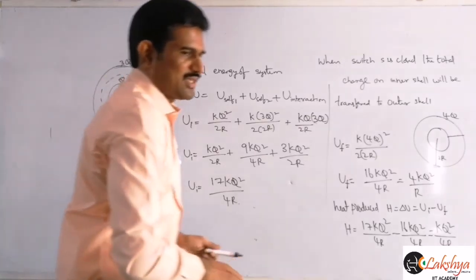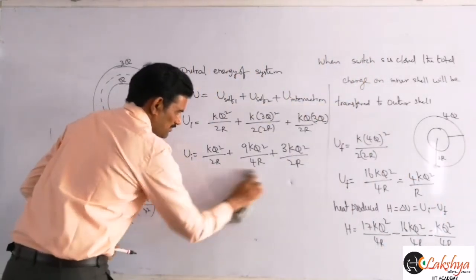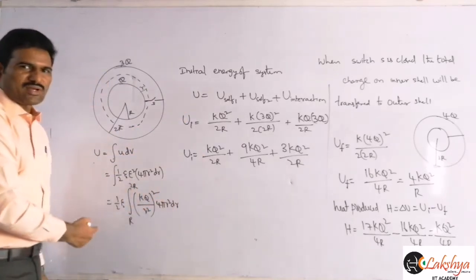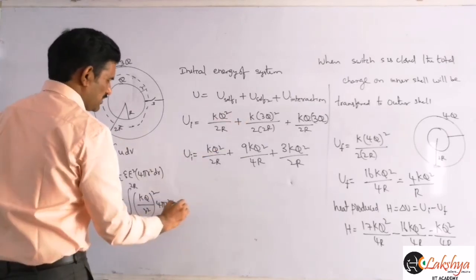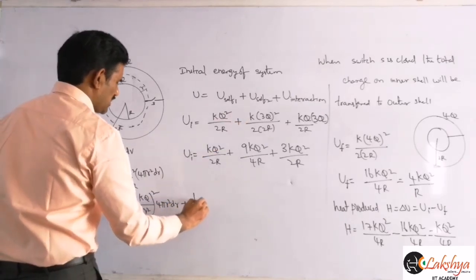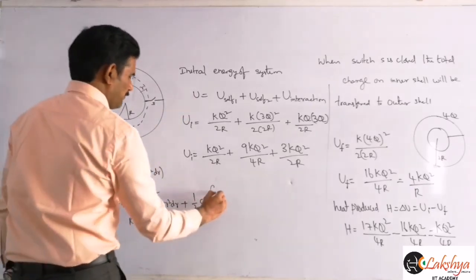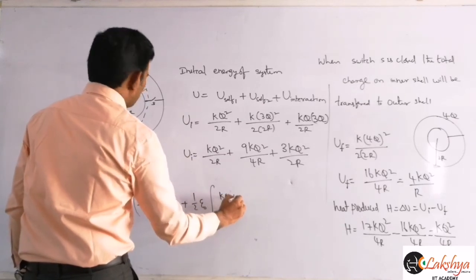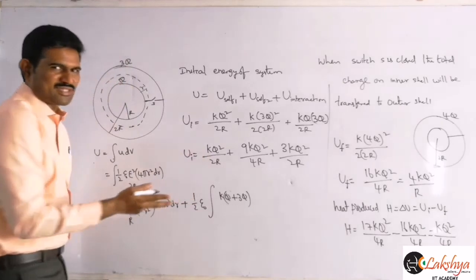But if you are taking outside, this is another method I am explaining here, the second method. Instead of writing this, you can also write these energy values like this, to find the initial energy and final energy. So now similarly, half epsilon naught into, when you are taking outside, k into q plus 3q, because outside the field will be there due to both the charges.